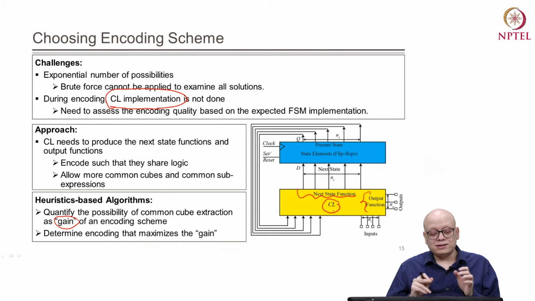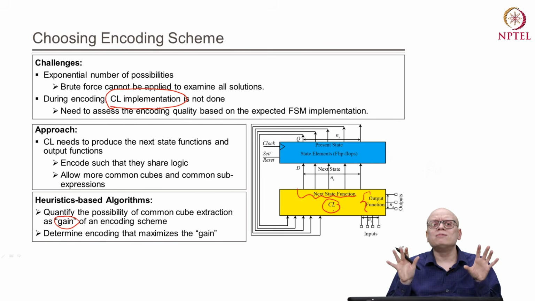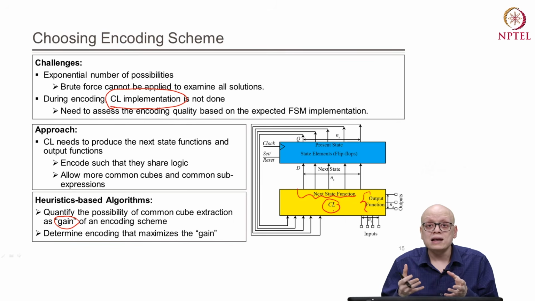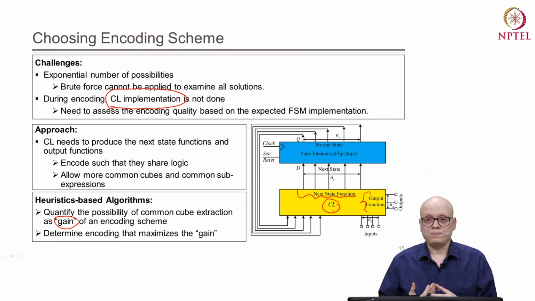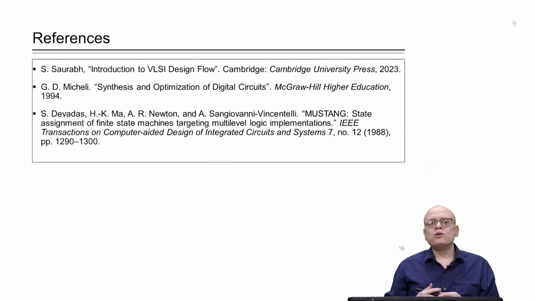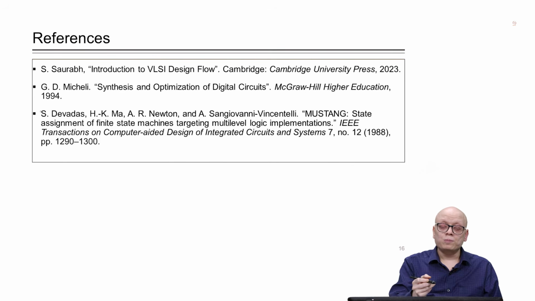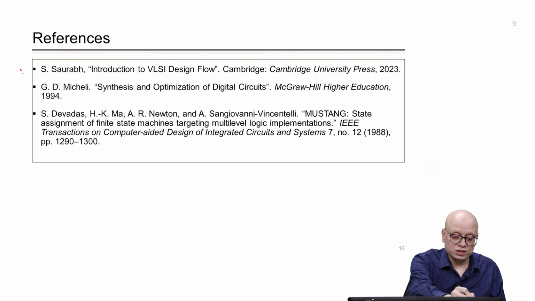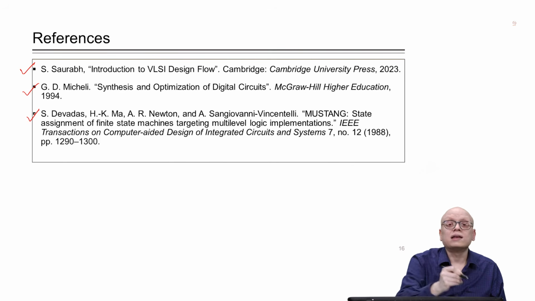And then it tries to determine an encoding scheme that maximizes this gain, right. At a very broad level, this is what the tools will do while finding a good encoding scheme, right. Now, if you want to go deeper into these topics, I suggest that you please go through the references shown in these slides.